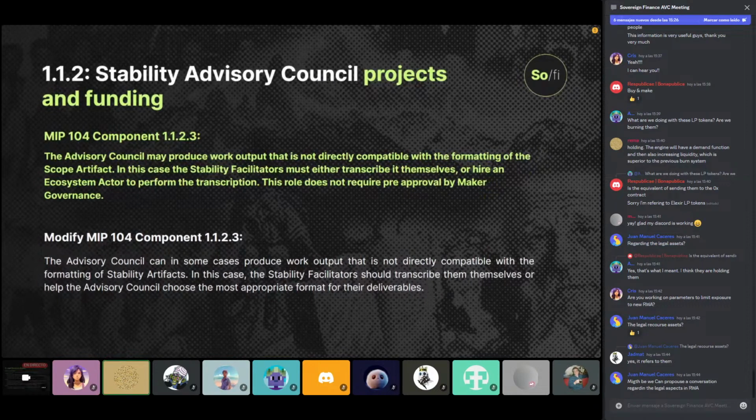So if we imagine some entity is really knowledgeable about some specific area, and they want to create a research or analysis or something like this, but they don't necessarily want or know how to deal with the Maker governance itself.